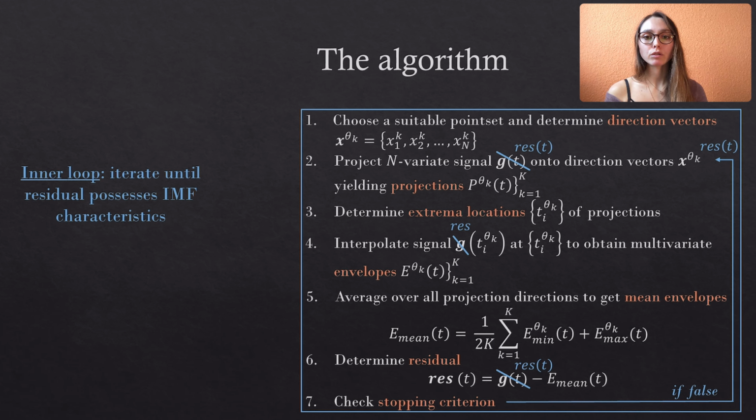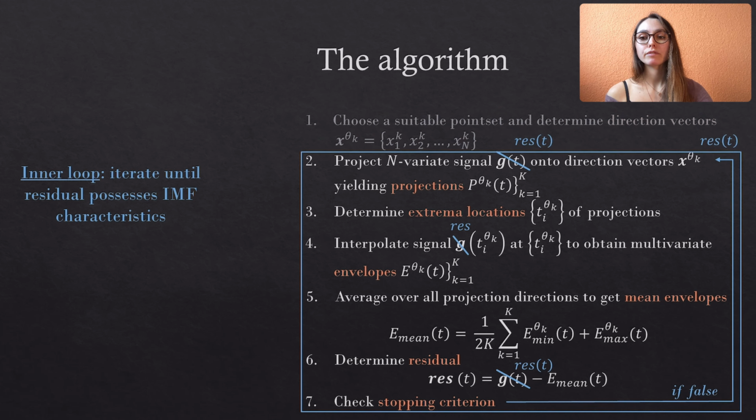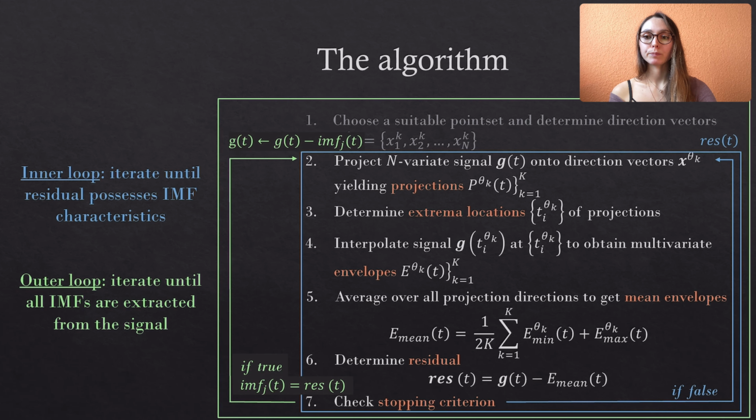Okay, so the inner loop skips the very first step of the algorithm, which is the definition of the direction vectors. This is only done once, since the same directions are used for all projections. So in the other case where the stopping criterion is fulfilled, we switch to the outer loop.